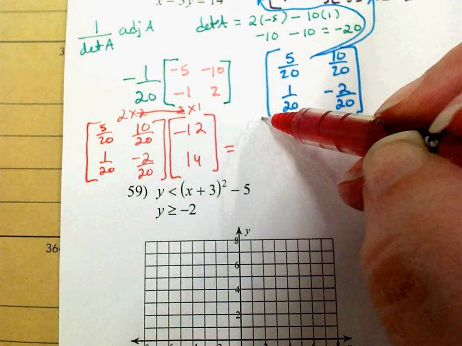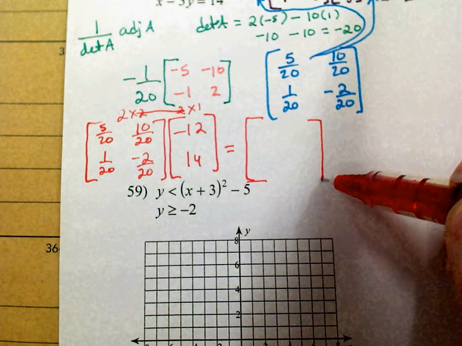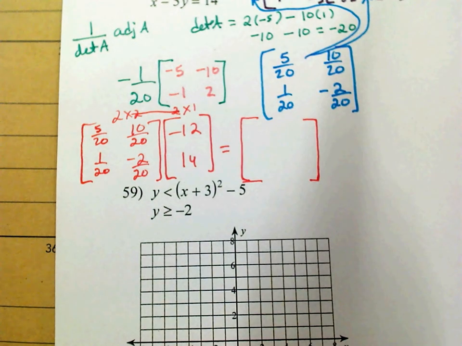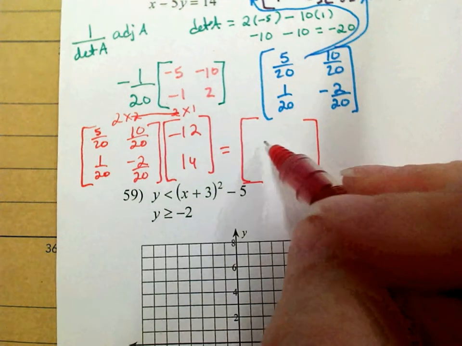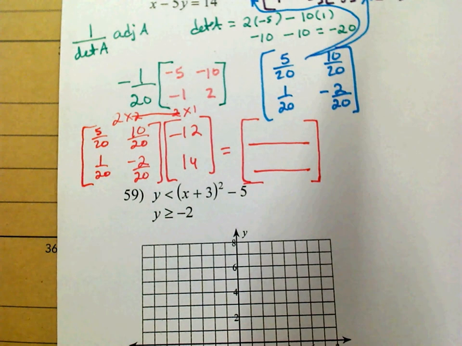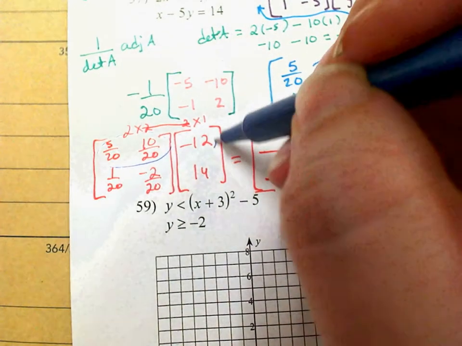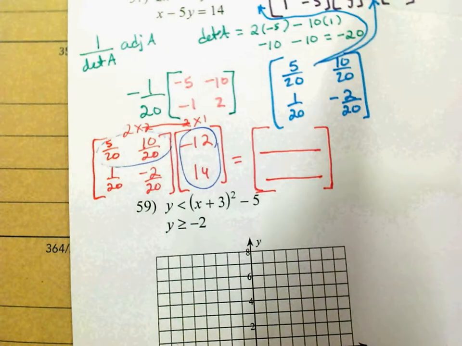Alright, let's multiply it out. 2 rows, 1 column. So if I multiply this first row times that column, what's 5/20ths times negative 12? What do I expect you to do? Right, 5 times negative 12 is a negative 60/20ths.